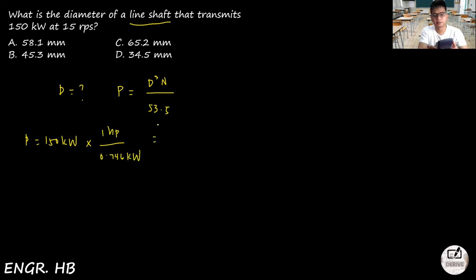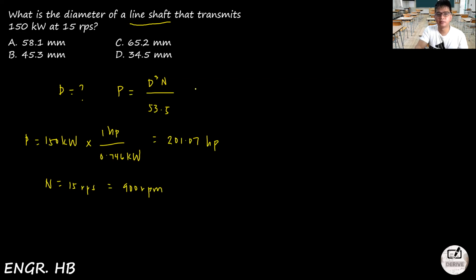So that will become 201.07 horsepower. And yung N natin is 15 revolutions per second. We all know that we need to convert it first to revolutions per minute. So it will become 15 times 60, kasi 60 seconds is equal to 1 minute. So 15 times 60, so that was 900 RPM.